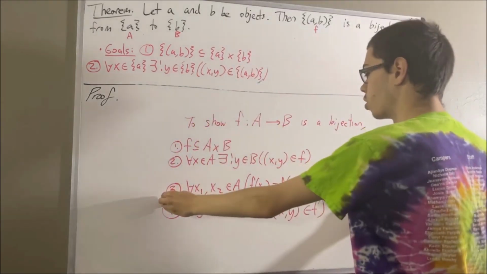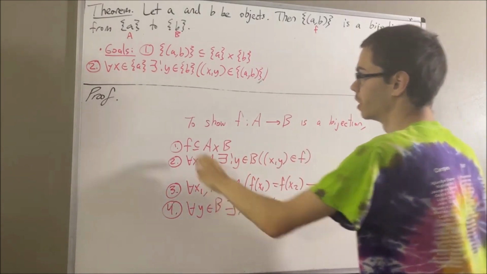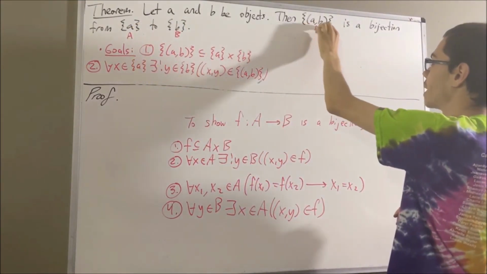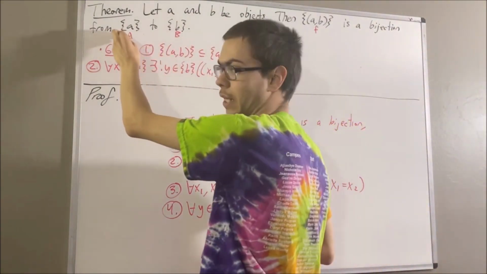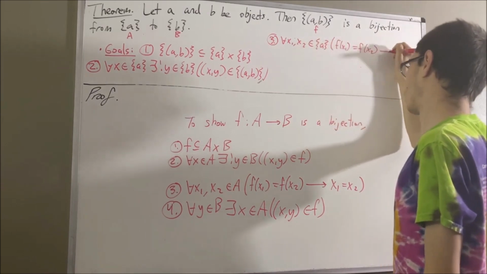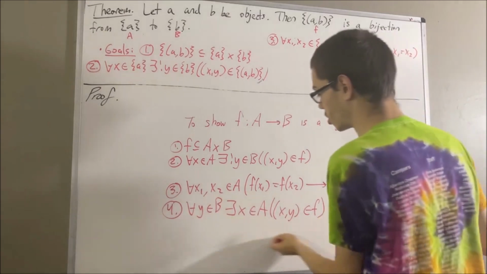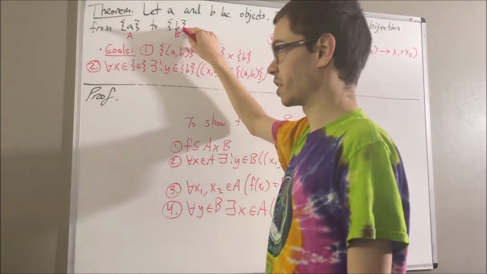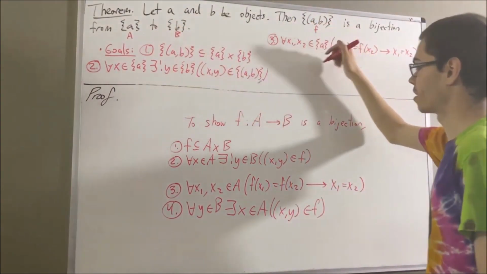And then in our third step, we're just trying to show that for every 2 elements, x1 and x2 in this set, if their output values yielded by this function are equal, then x1 and x2 are equal. And then in our fourth step, we're trying to show that this statement is true. In other words, we're trying to show for every element y in this set, there exists an element x in this set, such that x comma y is an element of our set of ordered pairs.